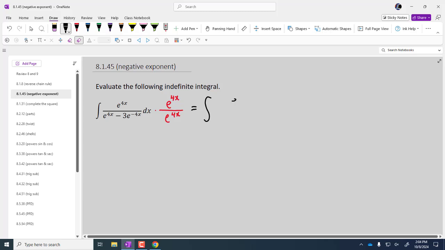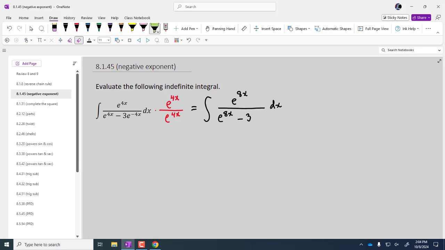So that's going to be e to the 8x divided by, we distribute, so we'll have an e to the 8x minus 3. E to the 4x times e to the minus 4x is e to the 0, and e to the 0 is 1.